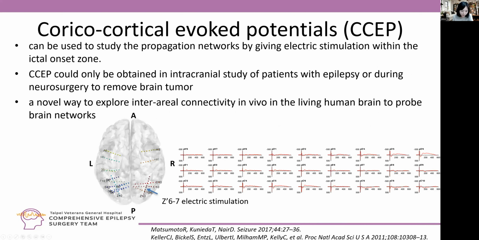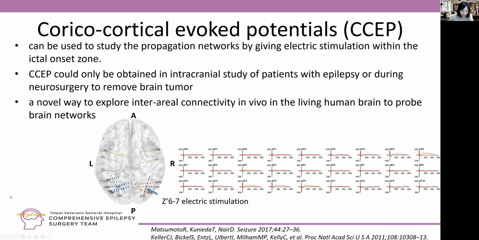And cortico-cortical evoked potential, or CCEP, is a type of intracranial EEG study to investigate the brain network. It can be used to study the propagation network by giving electric stimulation within the ictal onset zone or functional neurological zone.